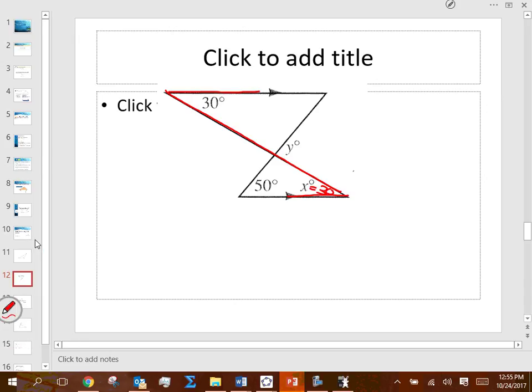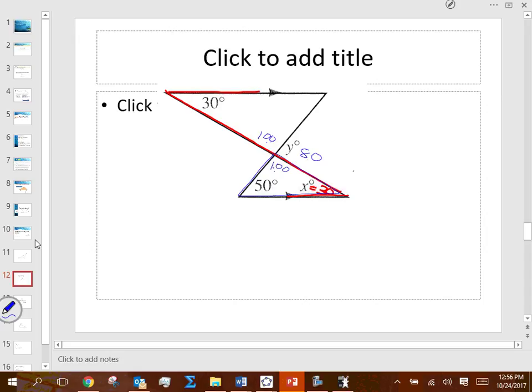Okay. They're alternate interior. So now let's look at that triangle. Do you know if you got two angles of the triangle, do you automatically know the third one? What's that third angle got to be? 100, right? Do you now know what y has got to be? What's y got to be? 80? Do you now know what this has got to be? 100. Why? Vertical. Okay, it's vertical.